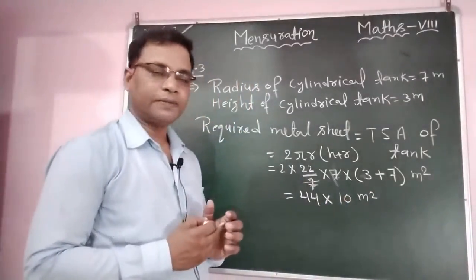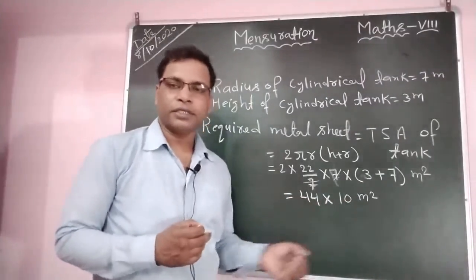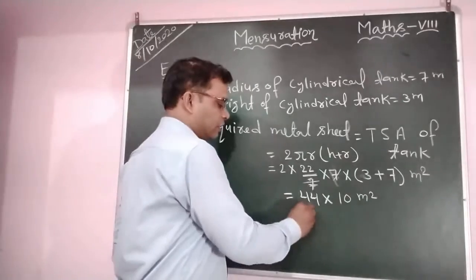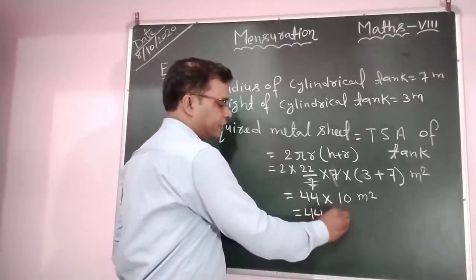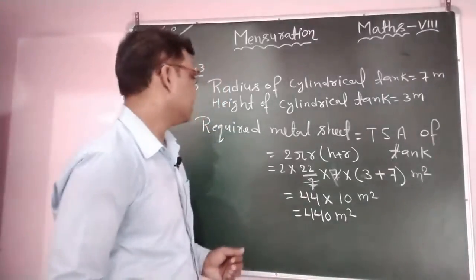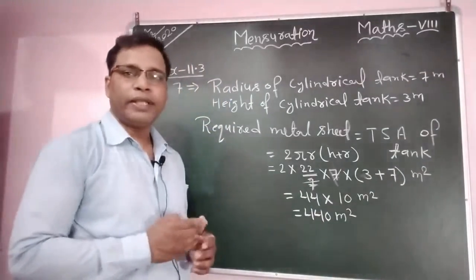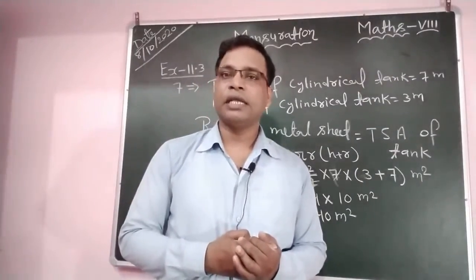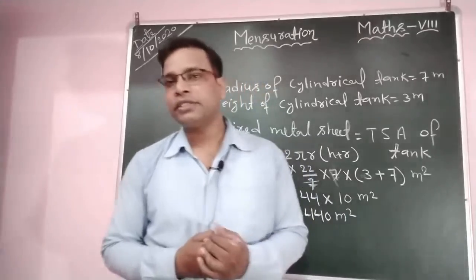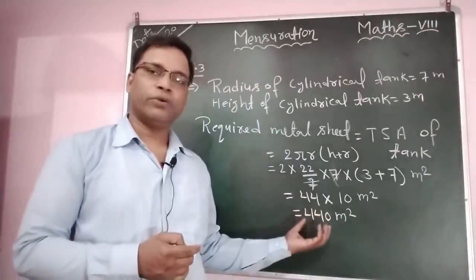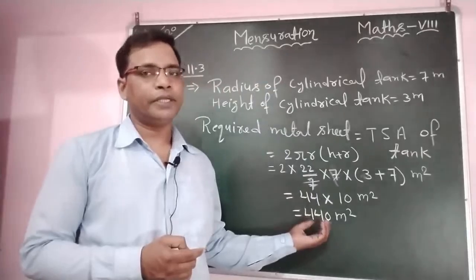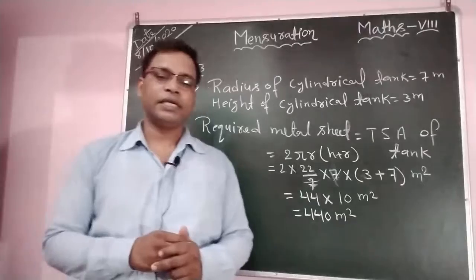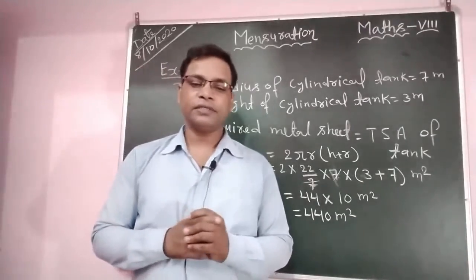When you multiply 44 into 10, we obtain 440 square meters. So the metal required to make a cylindrical tank whose radius is 7 meters and height is 3 meters is 440 square meters.